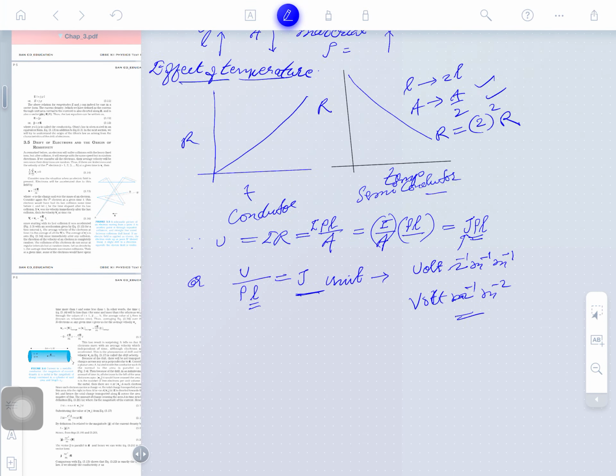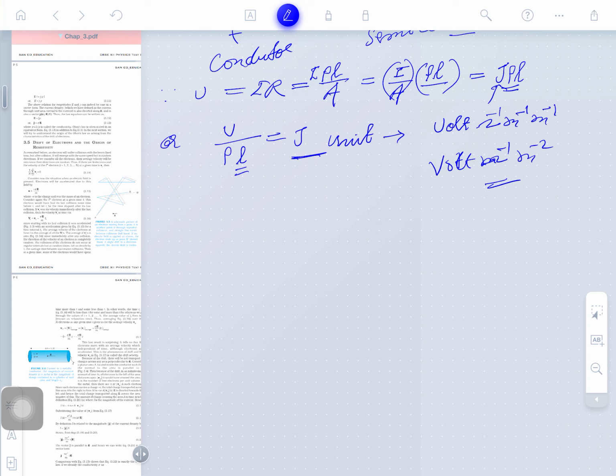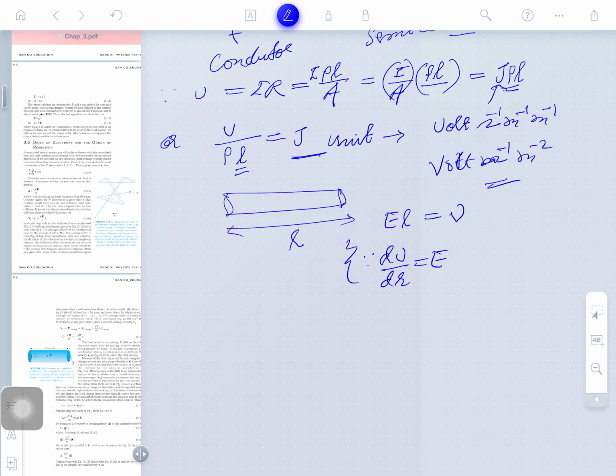You have already studied that across the conductor, there is a conductor. The length of the conductor is L. So the electric field E into L is equal to V, V for potential difference, as in the concept from the previous class. dV by dl is equal to E. Remember this?